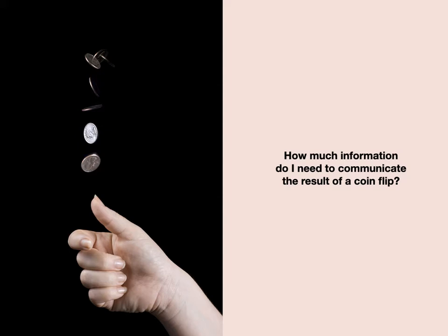You would need 1 bit of information to represent the number of possible outcomes. And so if you said, tell me the result of the coin flip, all I would have to say to you is 0 or 1, assuming you knew which one meant which. We'd have to assign that ahead of time. But a coin flip contains 1 bit of information.